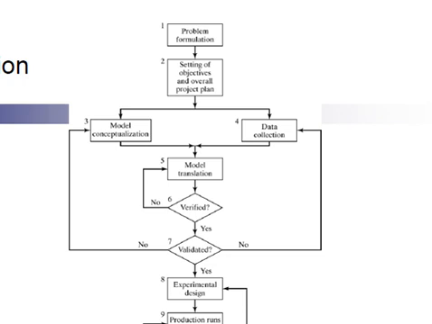Next is setting of objectives. You clearly define your objectives and overall project plan. In this project plan, you clearly define what my simulation model will be doing, and in addition, what kind of questions my simulation model will be answering at the end.